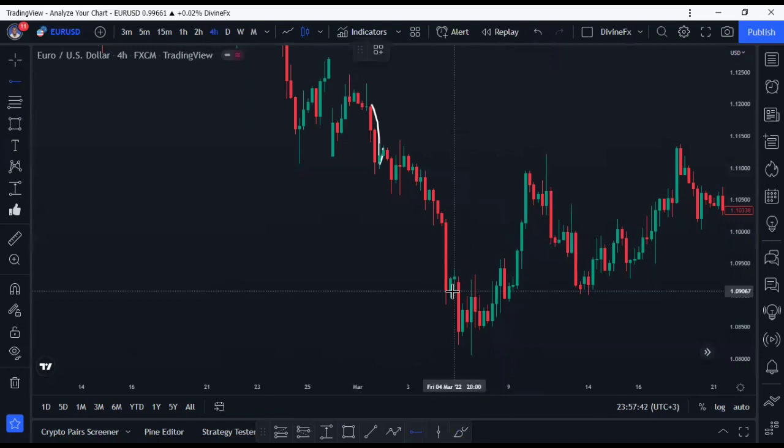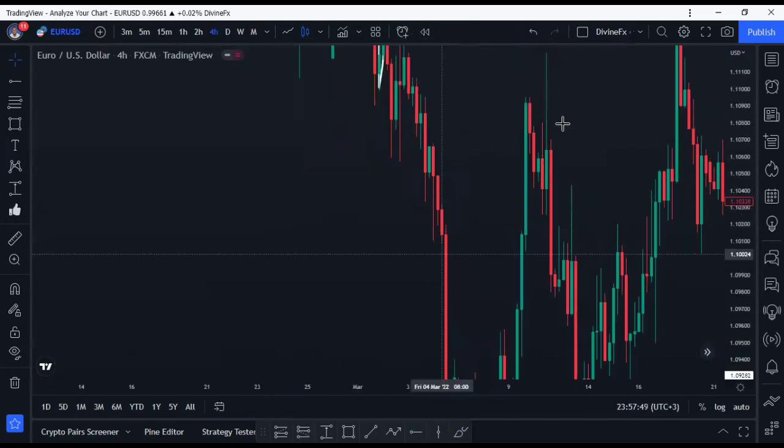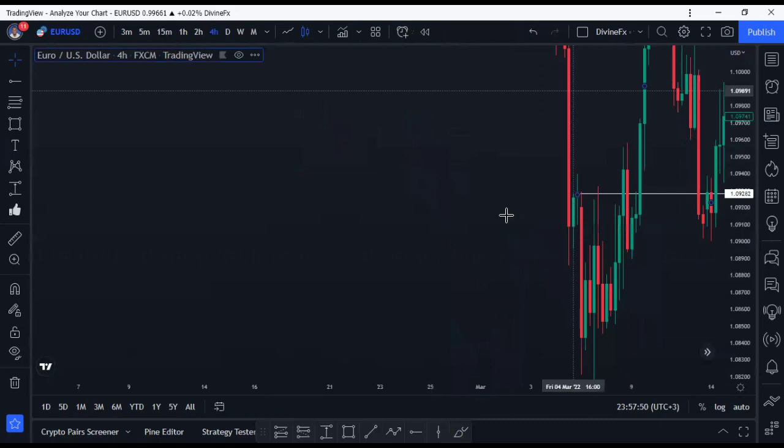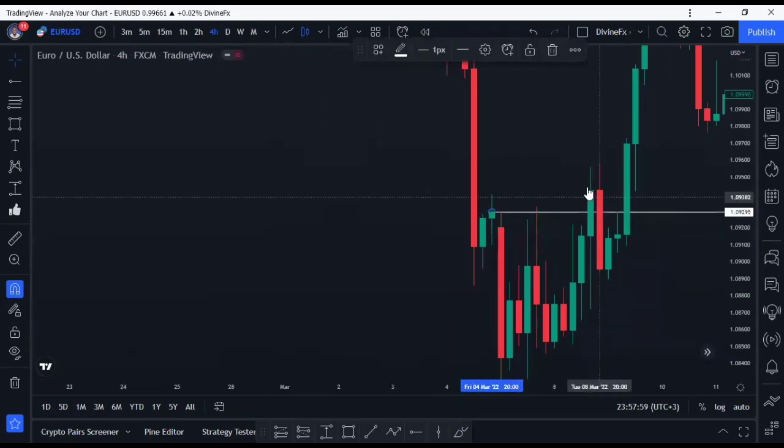Our invalidation point was the point where price broke the structure. This point. Let me zoom out. This is the point where price has broken the previous highs and lows.